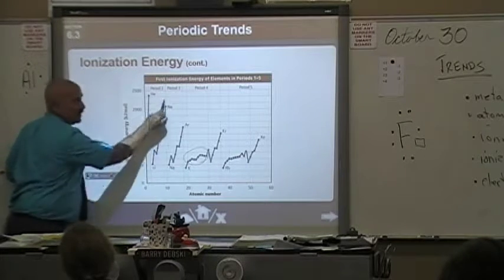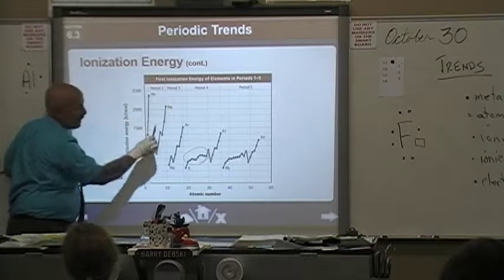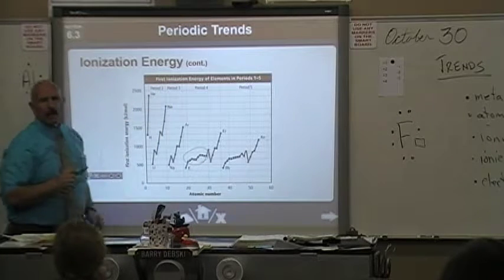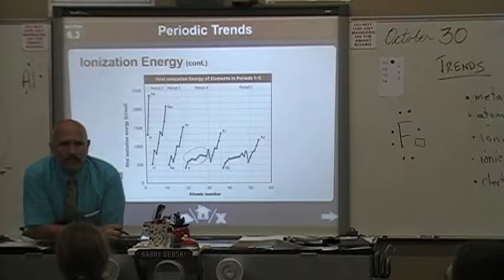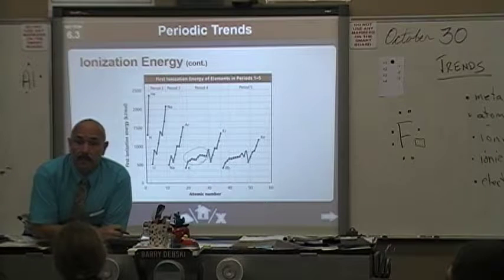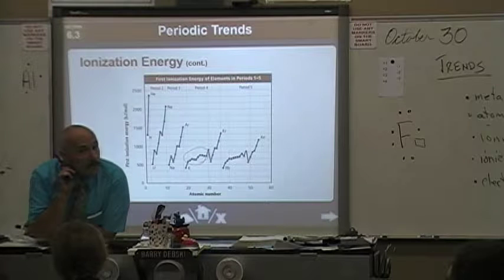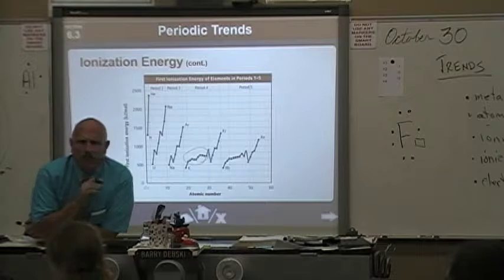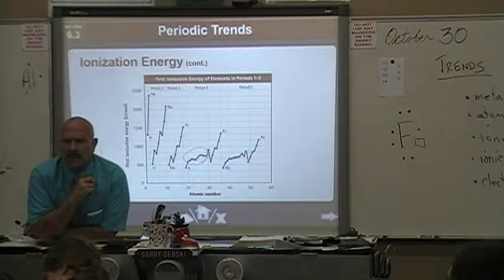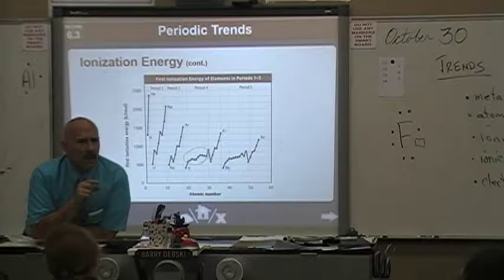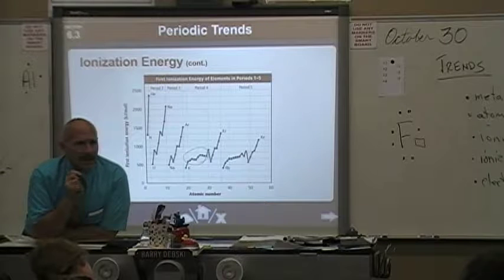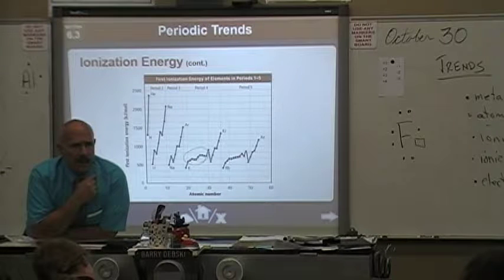In general, the trend is up from left to right. But why would boron be just a little bit easier? Lucas? Has an odd number. But why? That's not really the reason. Why would that electron be a little bit easier to steal than beryllium's?